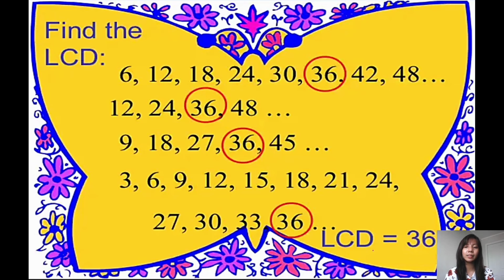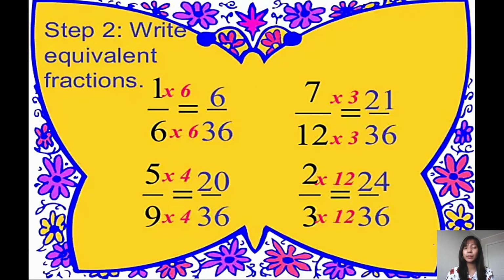Therefore, the LCD is 36. So now, write the equivalent fractions. From 1/6, you have to find the number that you're going to multiply to both numerator and denominator to make it into 36.